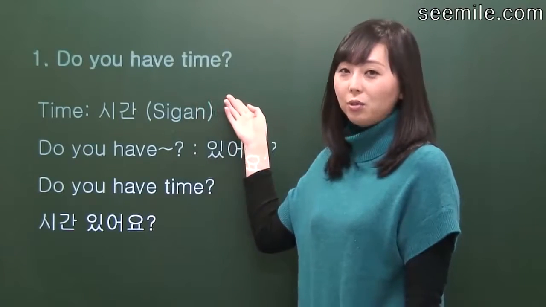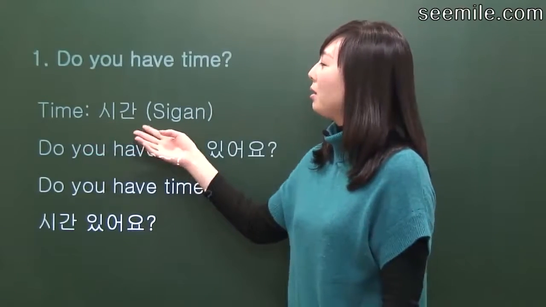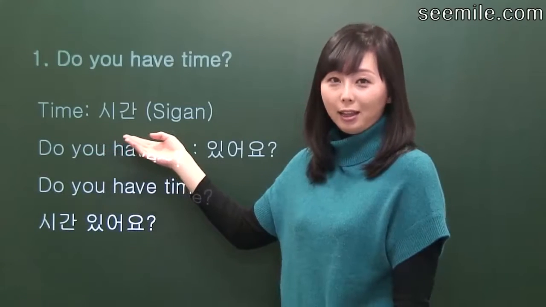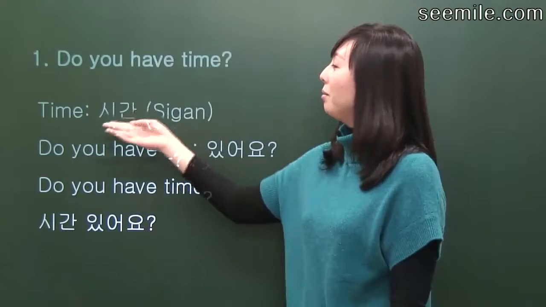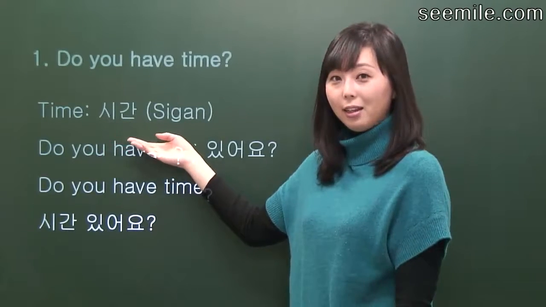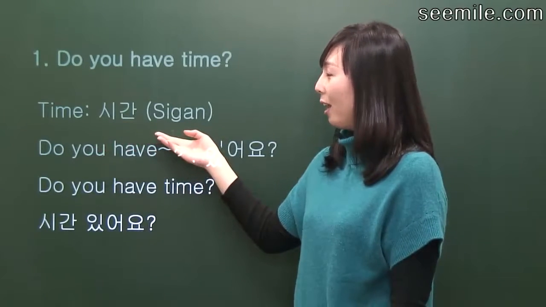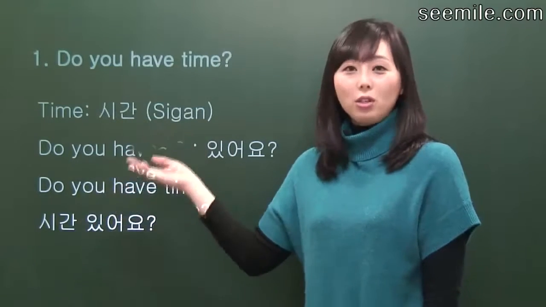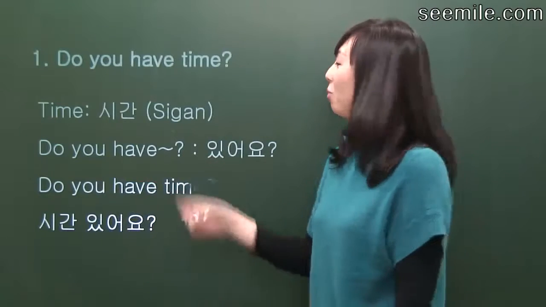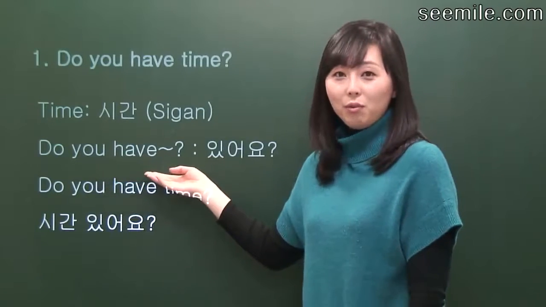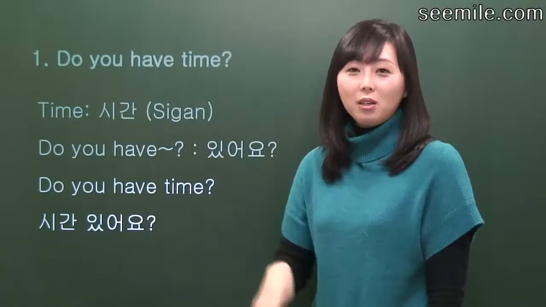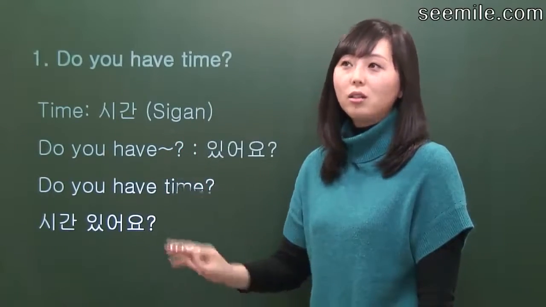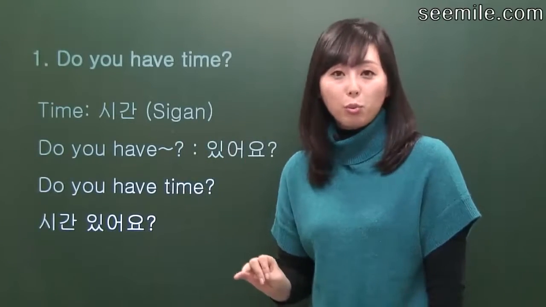What's time? First of all, time means 시간. One more time, 시간. And next, do you have? Oh, I know this one. Of course you do know, because you learned this expression before at the shopping class and at the restaurant, and at the supermarket.